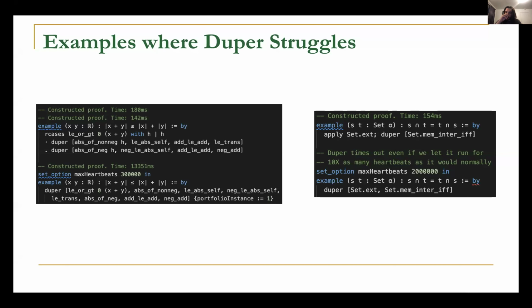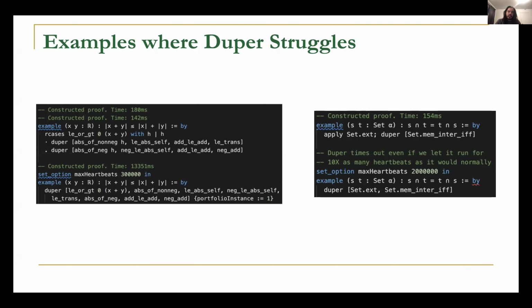Instead, what we have here is an unfortunate relationship between the set extensionality lemma and Duper's core calculus. The way Lean's set extensionality lemma is written, it's very general, and so there are lots of opportunities to unify with it in different ways.